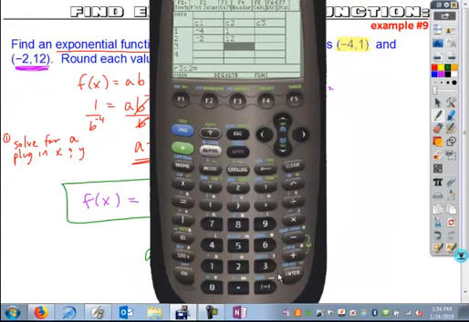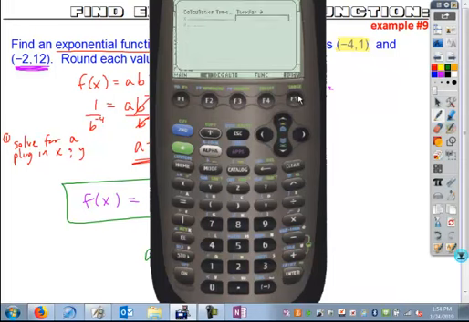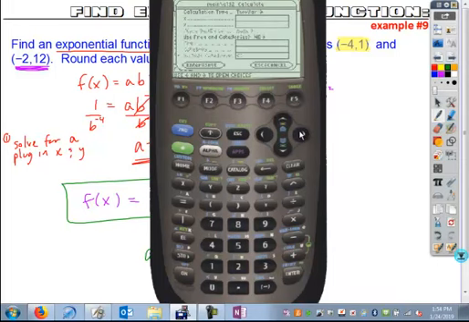That's all I need, because when I go in now to my F5 calculate tab, I can choose what type of calculation I'm using, and this is exponential regression, EXP-REG. I do the same thing that I did with linear and quadratic regression.